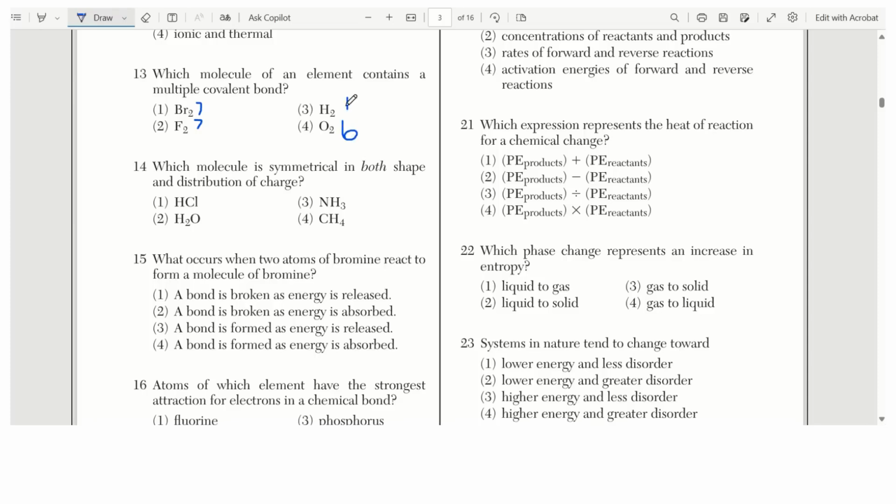Okay. Why does that matter? So if I'm bonding a hydrogen to a hydrogen, and each hydrogen only has 1 valence electron, I only need 1 bond to pair those up. And so bromine and fluorine both have 7 valence electrons. So I can tell you they're not going to be the answer because they would follow the same pattern. But let's see why. When I put 7 valence electrons around fluorine, I see 1 unpaired.